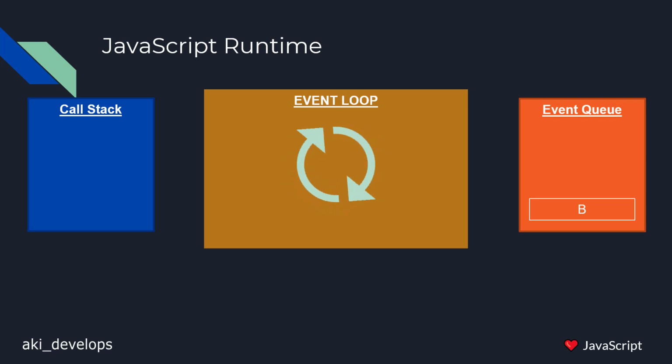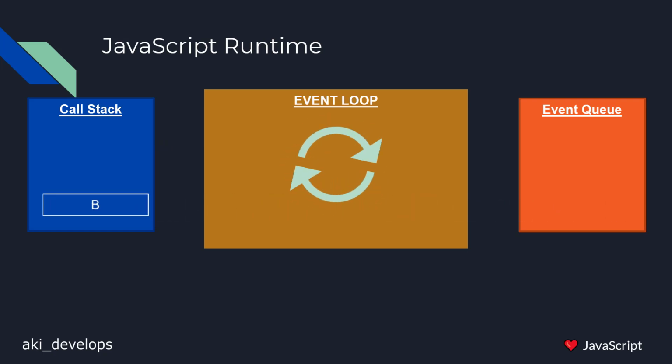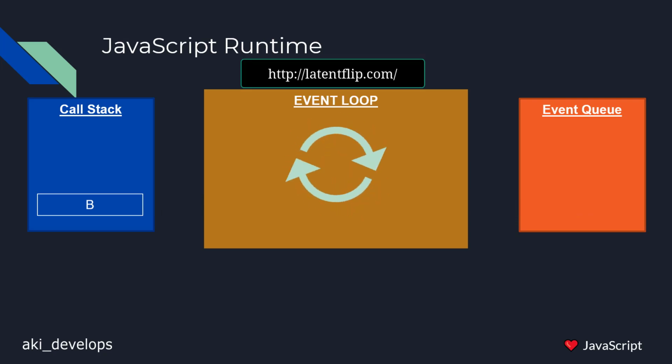If the event queue is not empty, then event loop will check the call stack. If call stack is not empty, then it means some execution is running in the memory. So event loop continues its work and checks the call stack again. When call stack is empty, event loop will understand that all the other executions are done, so it can now get the response from event queue and add it in call stack.